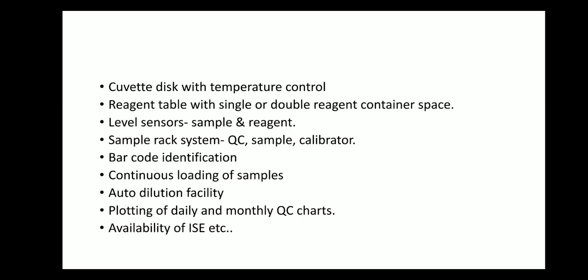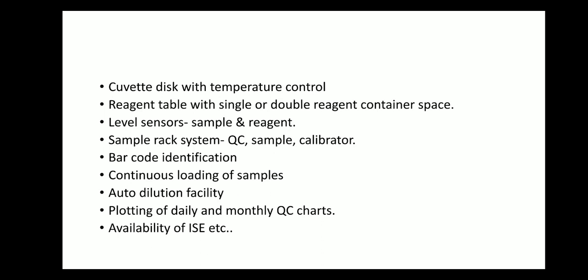Auto dilution facility is there in this analyzer. Auto dilution, why is it required? If we get any abnormal result out of the reference range, whether it is very low or it is high, what do we do at that time? We need not take the sample and dilute it, the instrument itself will dilute it.